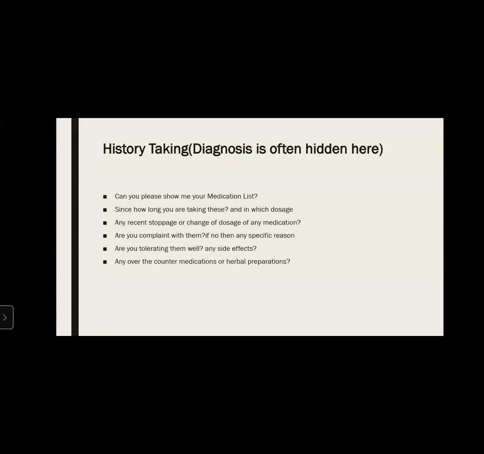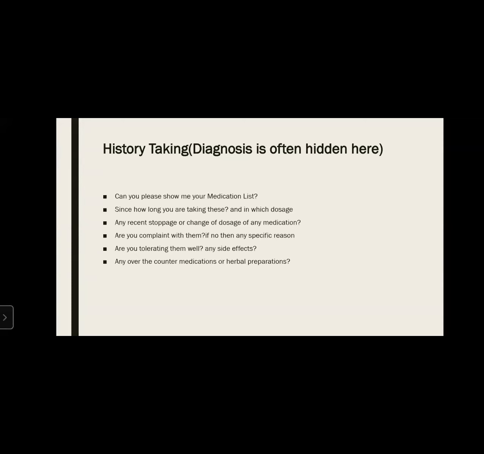First of all, simply tell your surrogate, can you please show me your medication list? They usually have the list written on paper. He will show you, for example, tablet amlodipine 10 milligram OD, tablet rosuvastatin 20 milligram HS. Ask, sir, since how long are you taking these, and in which dosage?